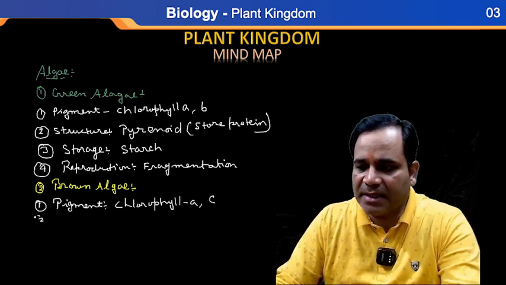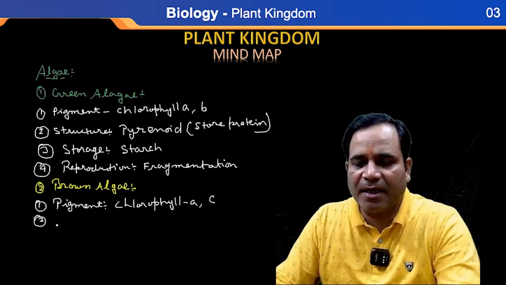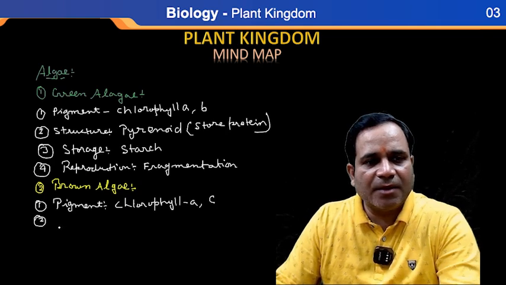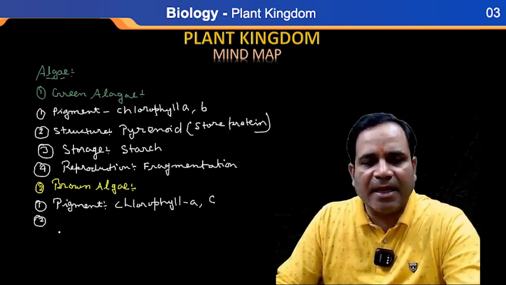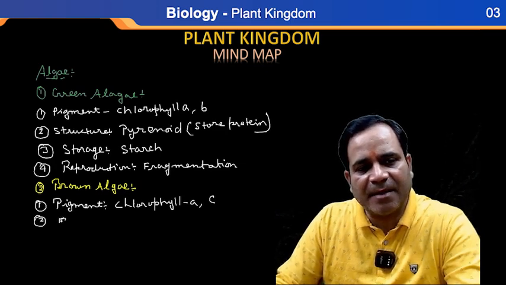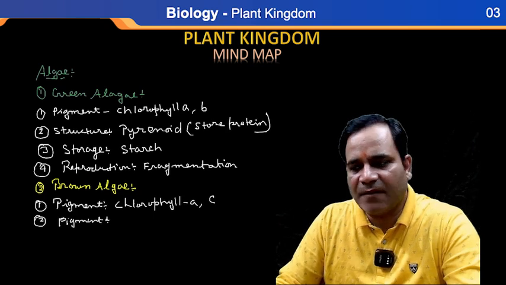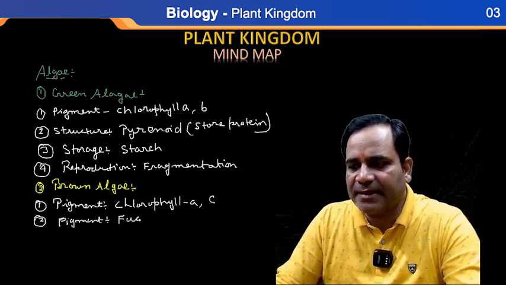Now see, the second thing. Which one is the color? Here, the fucoxanthin is the pigment. If anybody asks you about the pigment, what do you say? Fucoxanthin.